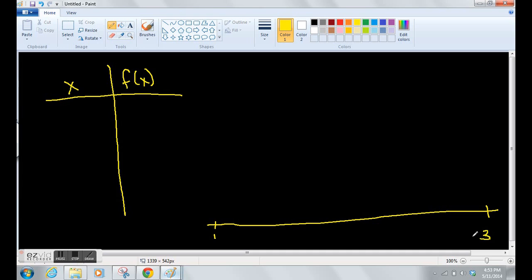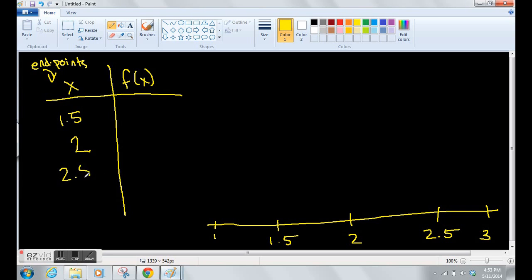This is the same picture I had before, with 1, 1.5, 2.5, and 3. On the x column are the endpoints. The first endpoint is 1.5, the second endpoint is 2, the third endpoint is 2.5, and the final endpoint is 3.